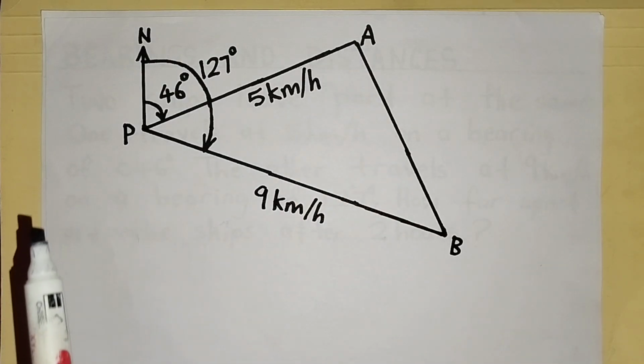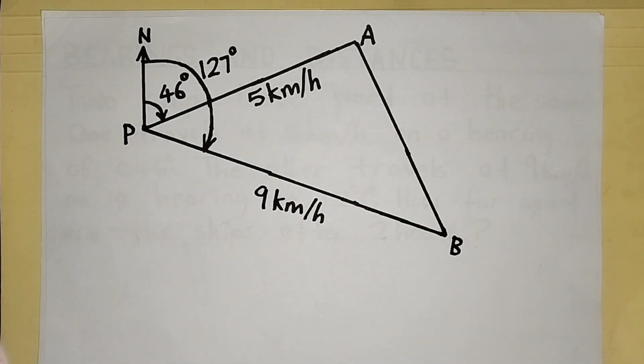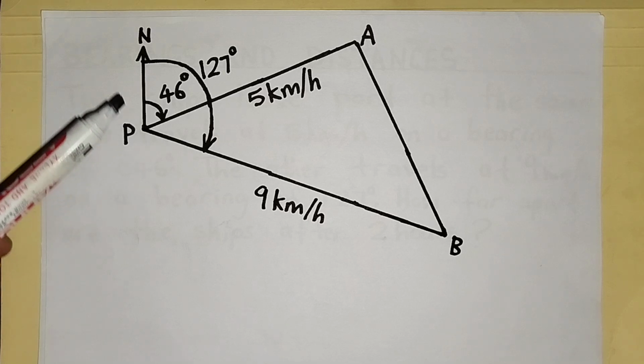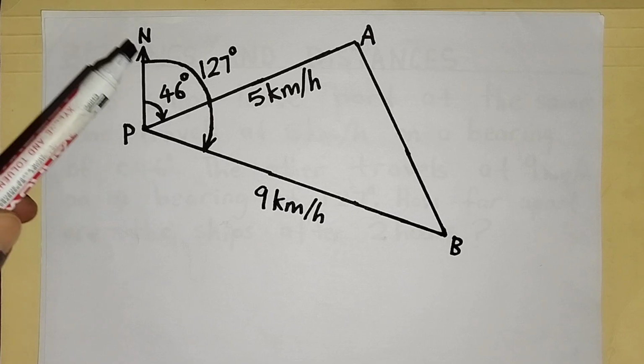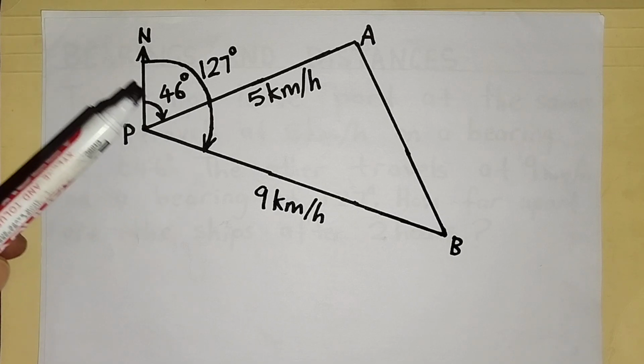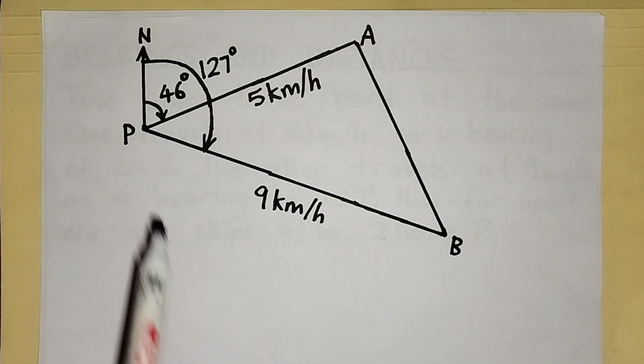And ship B also left port P on a bearing of 127 degrees, shown by this arc here, and traveled at a speed of 9 kilometers per hour. So they traveled for 2 hours, but their speeds were different.